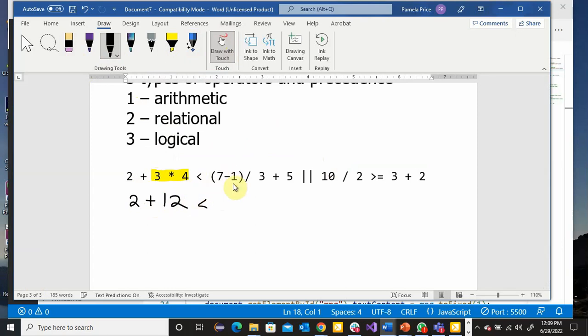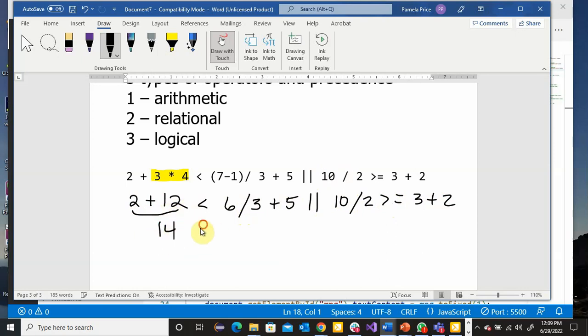And then we have parentheses here. So we always go ahead and do our parentheses. So this is 6 divided by 3 plus 5, or 10 divided by 2 greater than or equal to 3 plus 2. All right, we have more arithmetic we can do. So here, 2 plus 12 is 14. Here, what do we do first?